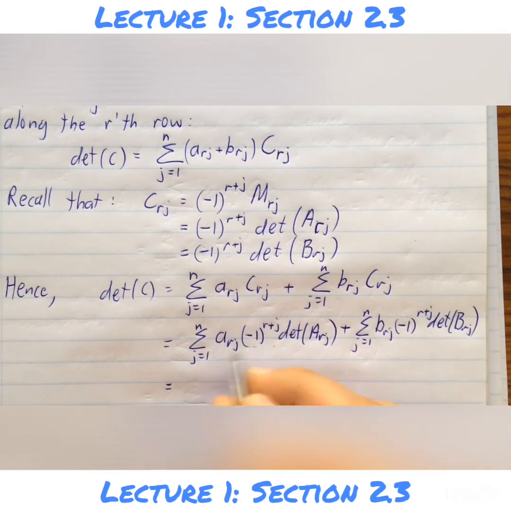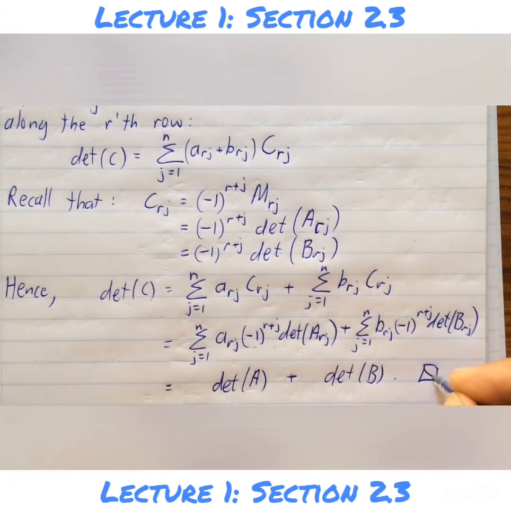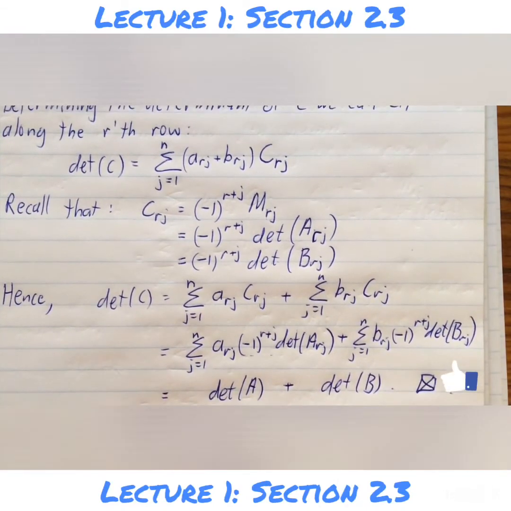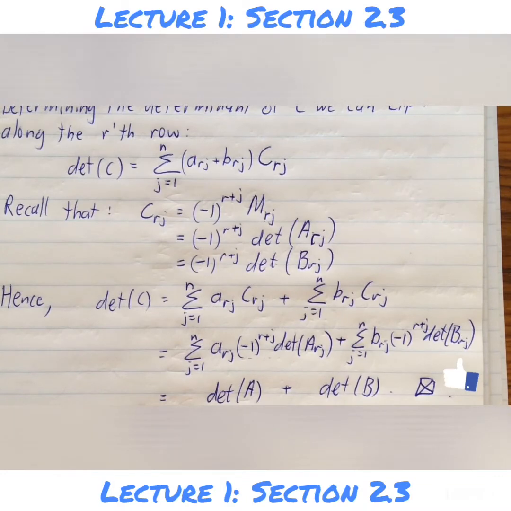Essentially, this is the cofactor expansion of the matrix A along the rth row, and that will just give me the determinant of A. And essentially, again, this is the cofactor expansion of the matrix B along the rth row, and that again is just the determinant of B. All right, so that is a quick illustration of why this distributive law holds when A and B are specifically defined in terms of C. So that's not very difficult to show, but it's also a nice exercise to do this using the cofactor expansion.